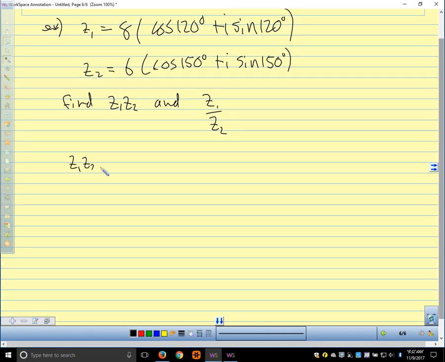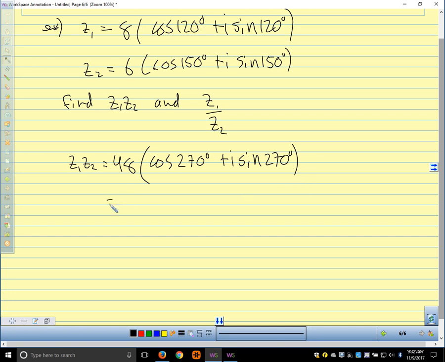Well, Z1 times Z2 is, multiply these two together. 6 times 8 is 48. And we're going to do the cosine of 120 plus 150, which is 270, plus i sine 270.